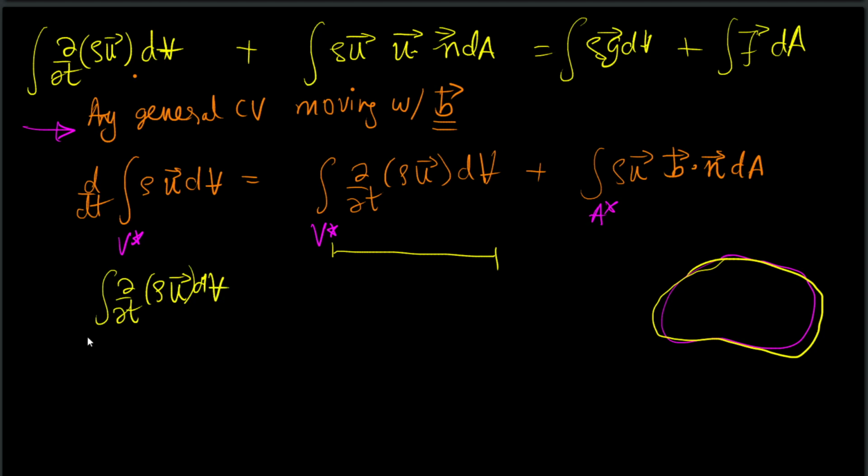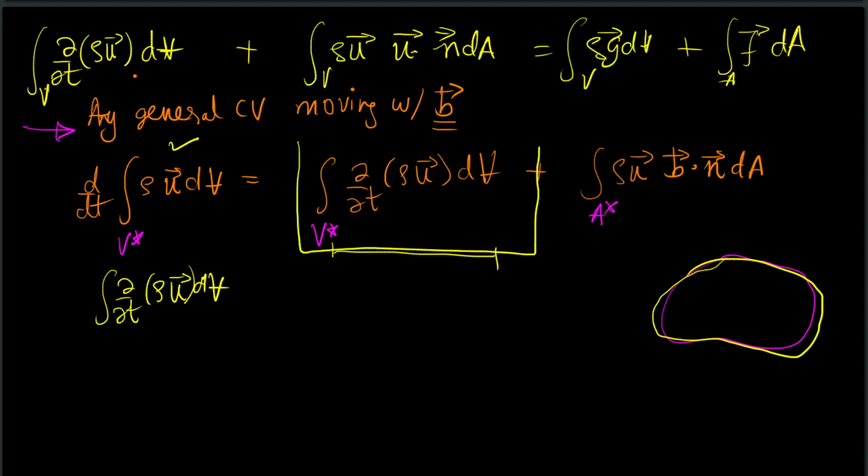will be equal regardless of which volume you are selecting, either this or this, but the other terms will be different. This term will be different than this. So basically you are making the volumes coincide for that particular time instant, and thus we can write down an expression.